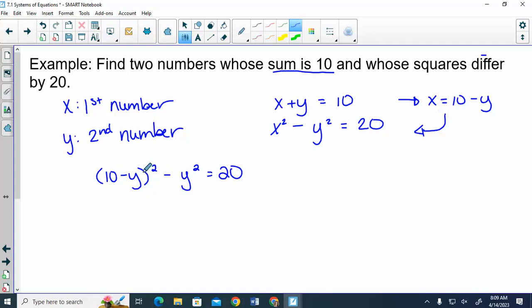So 10 minus y squared means you have two of those, so you have to FOIL. So 10 times 10 will give me 100, minus 10y minus 10y, so minus 20y. Negative y times negative y is positive y squared. What happens?